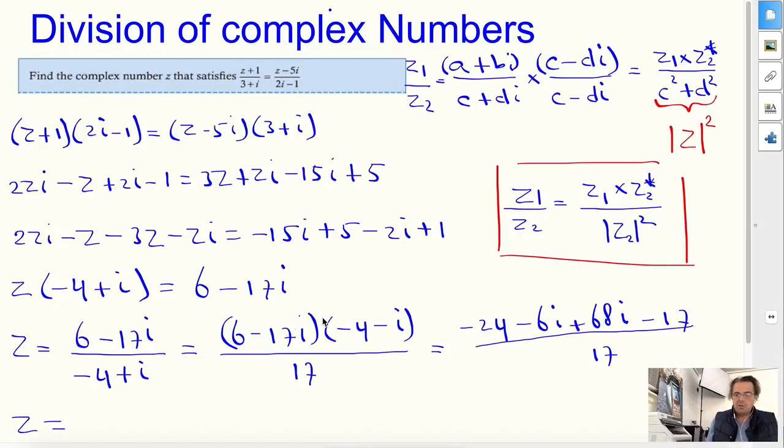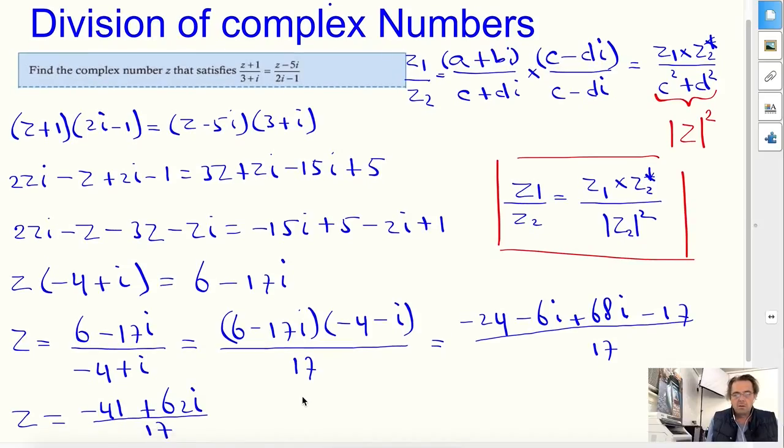So the answer is negative 24 - 17, that's negative 41. Negative 6i plus 68i is positive 62i, all over 17. That's the answer to the problem.